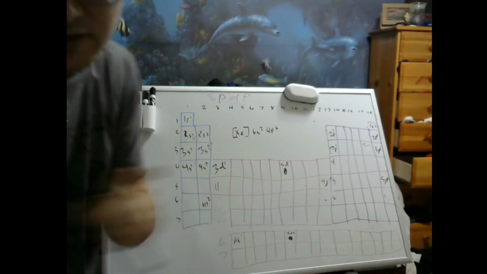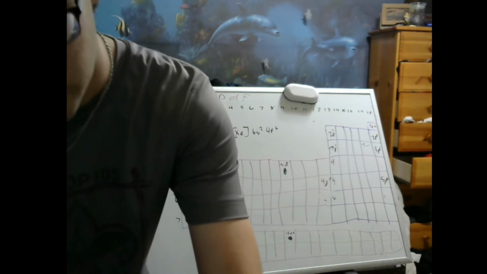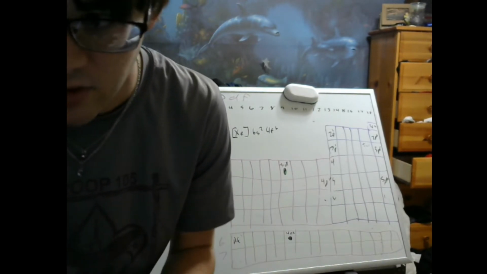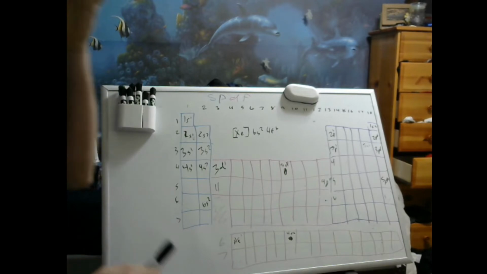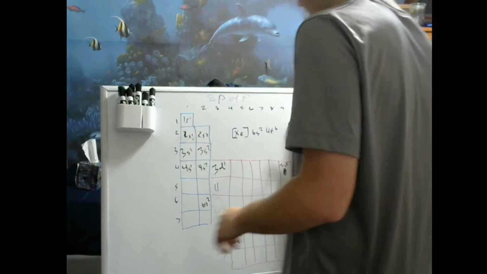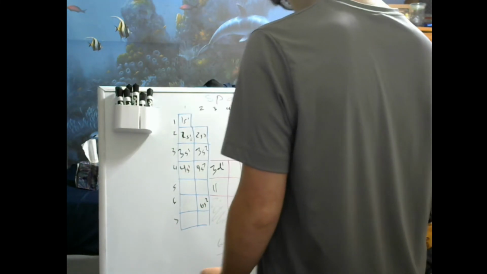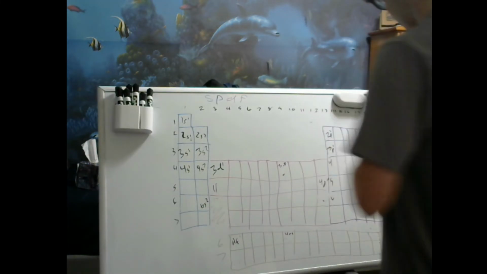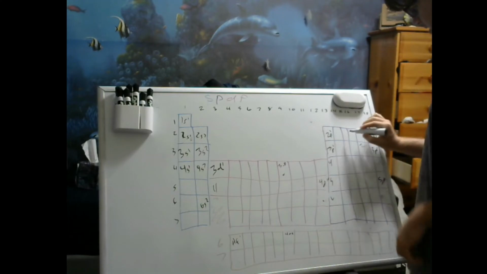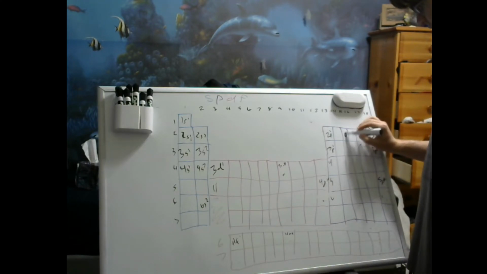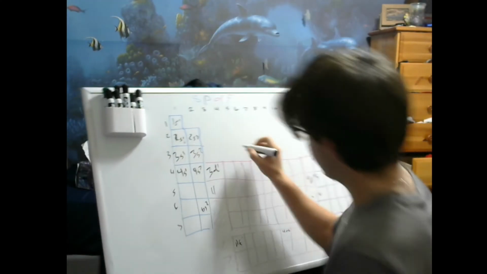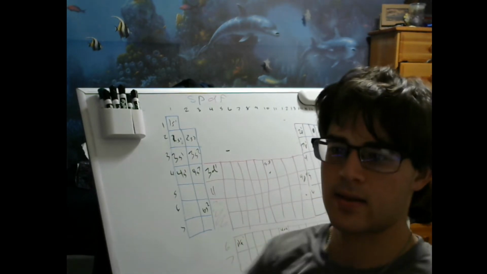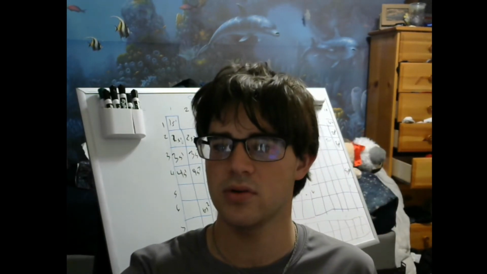Also, fun thing, if you are drawing these, because sometimes you will have to draw them. I'm going back to my simple one, not xenon. Actually I'm going to go back to just like this dude. You have the 1s orbital.